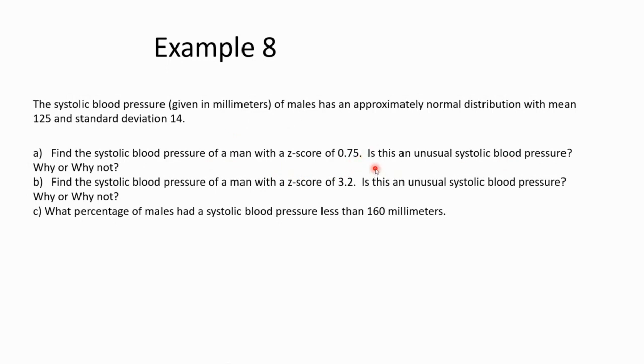So here I'm giving you the z-score. And if you look at the second one, it's the same thing. I'm giving you a different z-score, but you're given the z-score. We want the data value. And then for part C, we want the percentage of males whose systolic blood pressure is less than 160 millimeters.